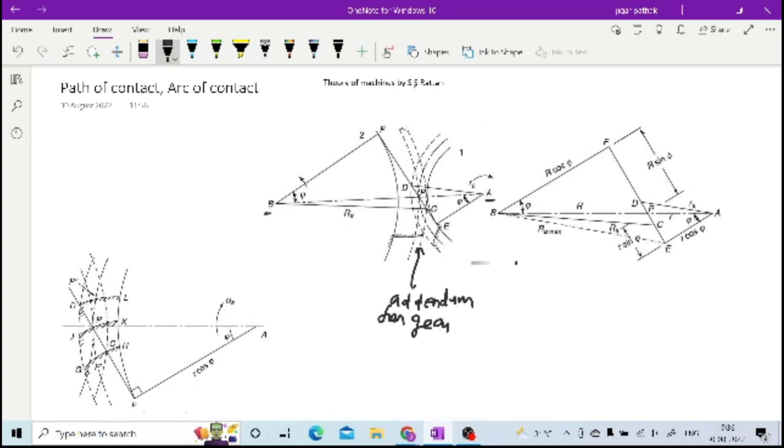This circle is the addendum of gear, and here it is the pitch circle of this gear, and at this point of contact, if you draw another circle, then it is towards the dedendum. This is the dedendum for gear, and this is nothing but the clearance.